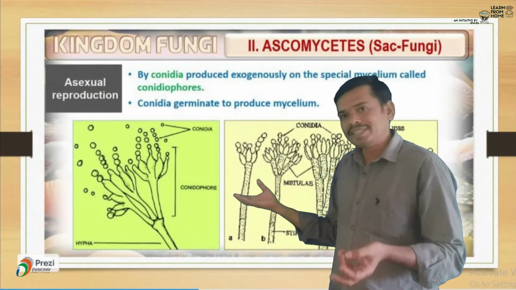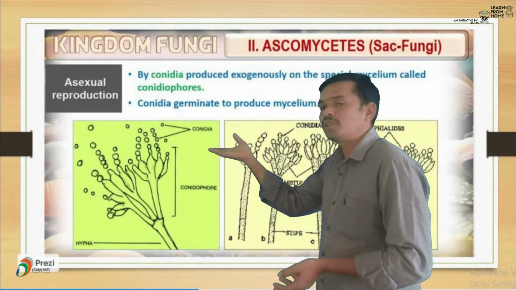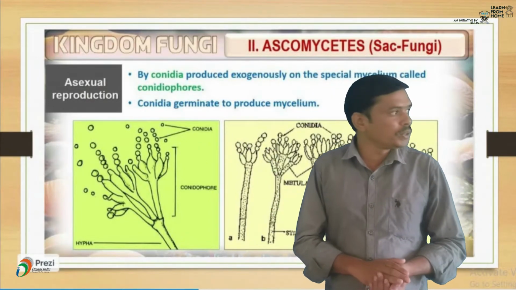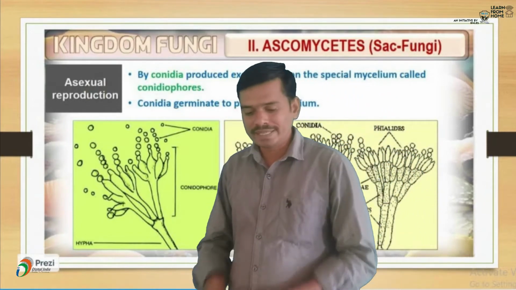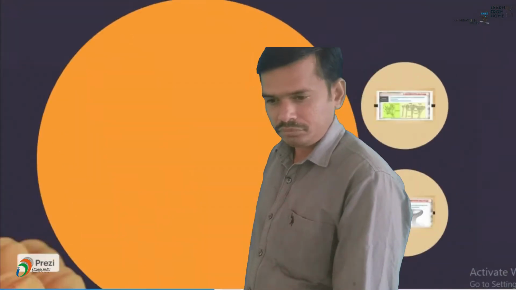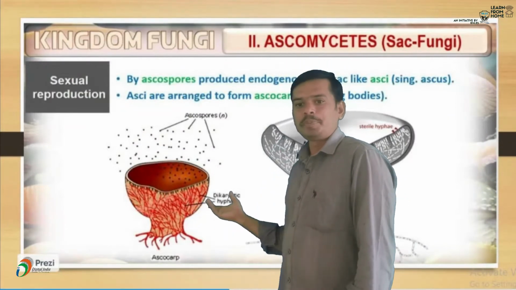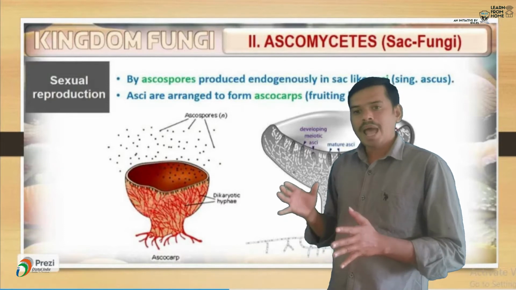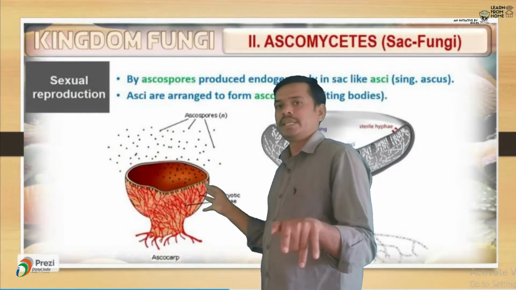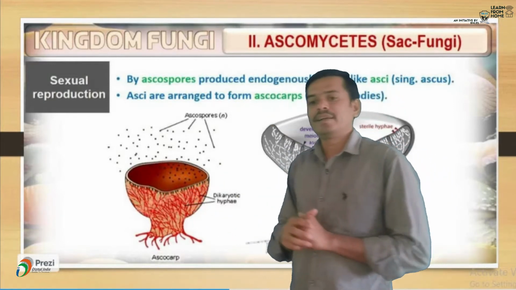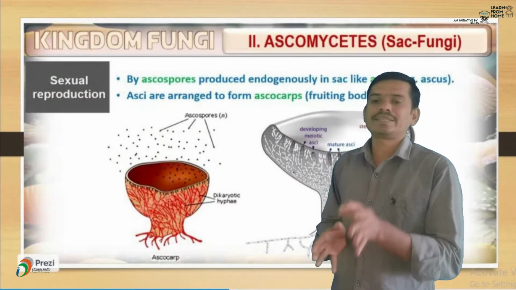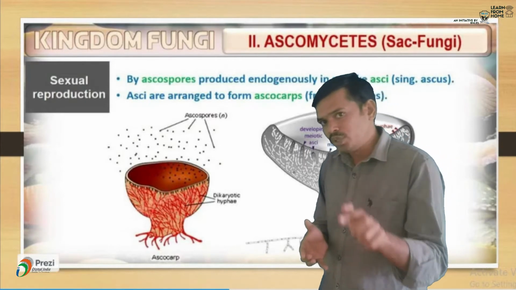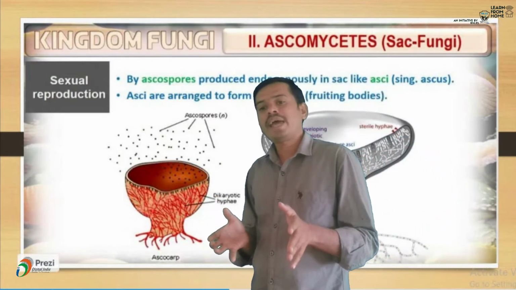Conidia germinate and give rise to mycelium. Next, sexual reproduction in Ascomycetes. Ascospores are produced endogenously in sac-like structures known as asci.